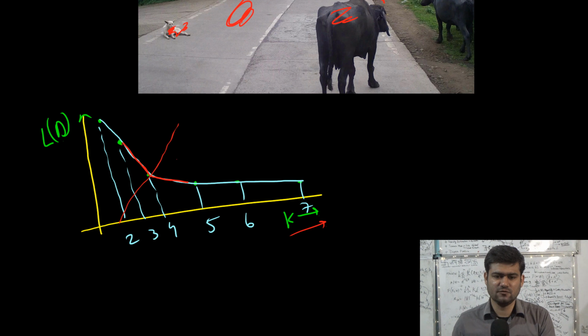This point, which resembles an elbow, is a point where the slope suddenly changes. It denotes that increasing the value of k beyond this point will produce a very small reduction in the loss function, and before this point the reduction in the loss function is significant.